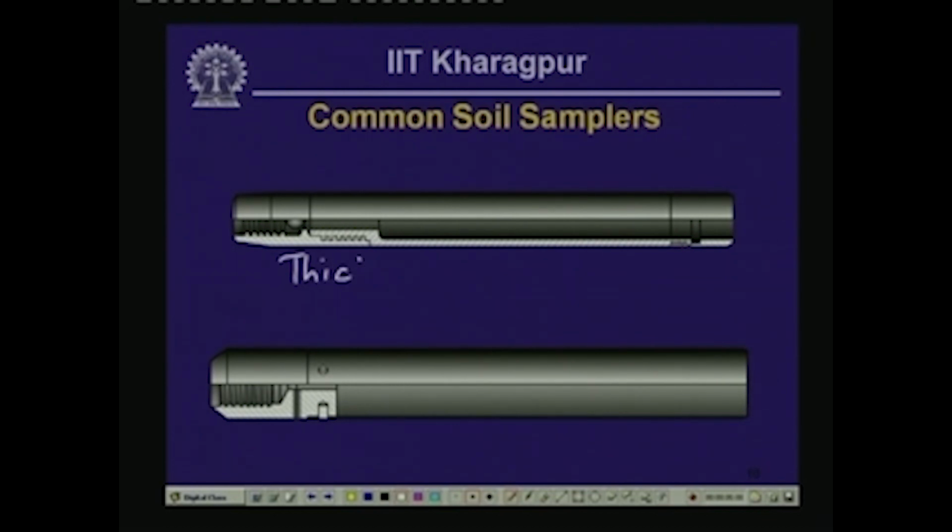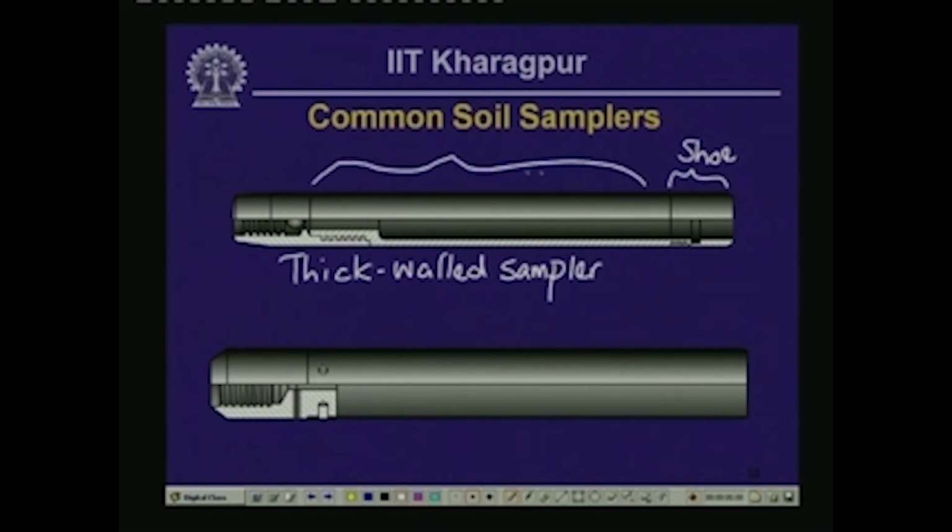So, this one is a thick walled sampler, and the sampler in this case is a split spoon sampler, which is the same sampler which was shown in one of the pictures earlier. In this case what we have is a shoe. So, this one here is the shoe, and this one is the split spoon.